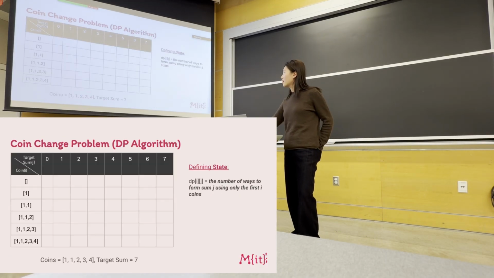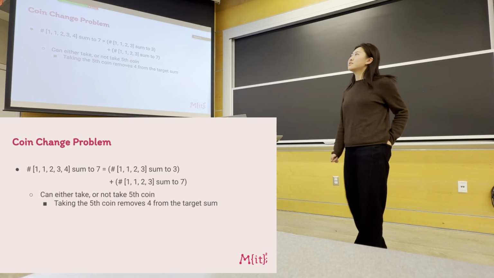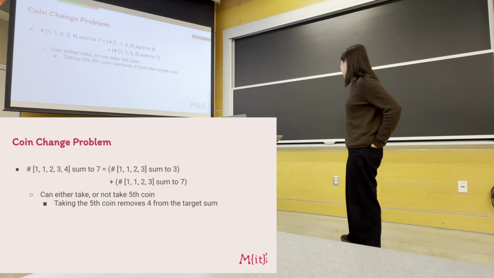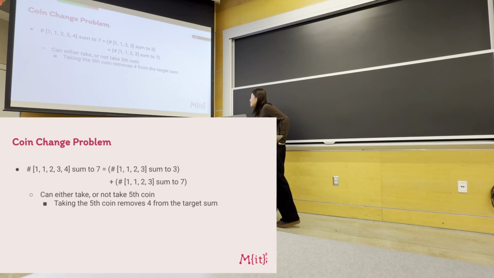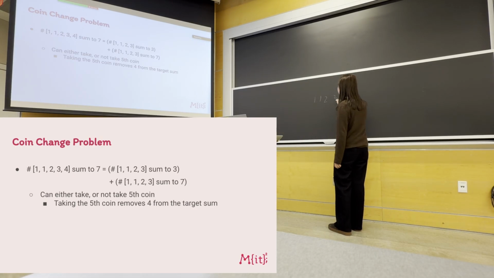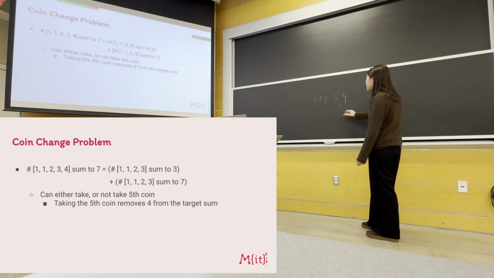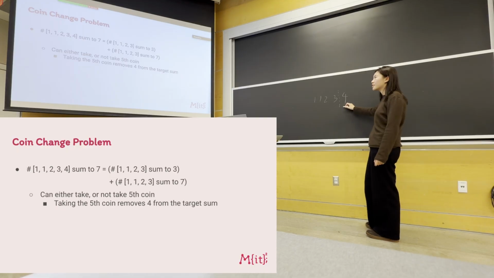Okay. So the essential way to do this problem is that for instance, given the coins 1, 2, 3, 4, at each step, for instance, if we are at the second to last step, we decide if we want to use the current coin or not use the current coin.